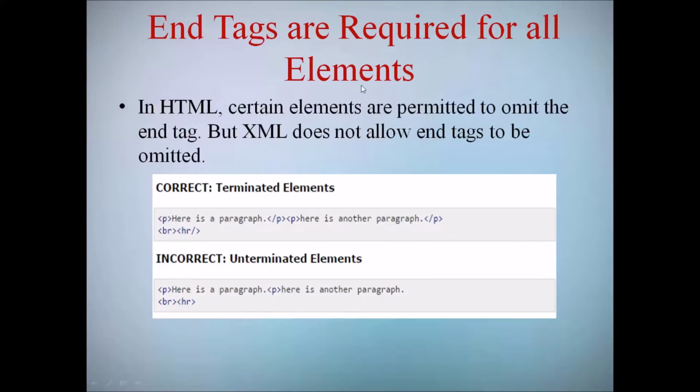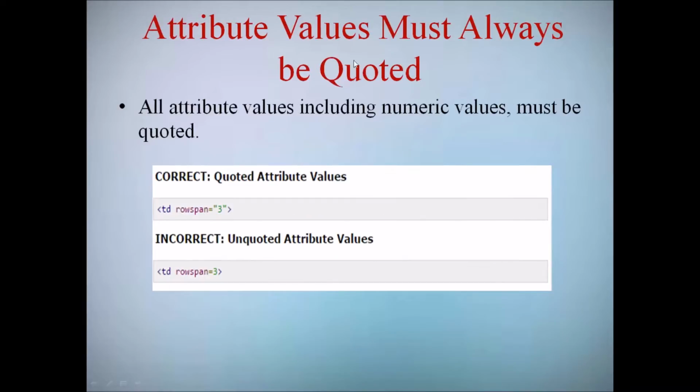End tags are required for all elements. In HTML, certain elements are permitted to omit the end tag, but XML does not allow end tags to be omitted. This one is correct and this one is incorrect. Attribute values must always be quoted. All attribute values, including numeric values, must be quoted.